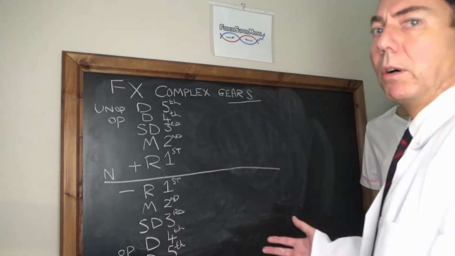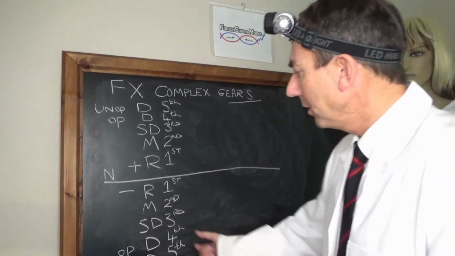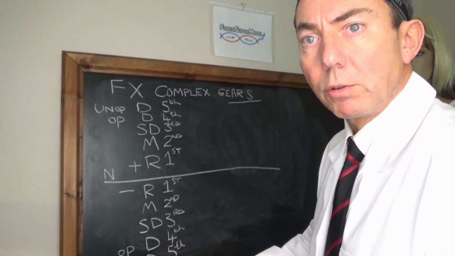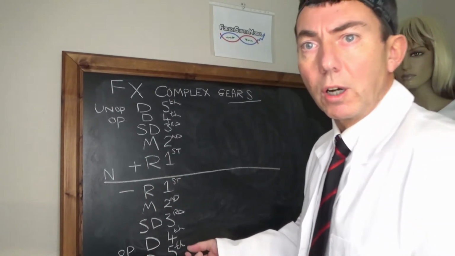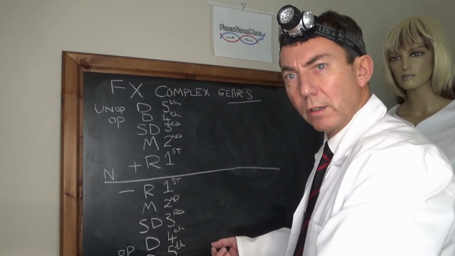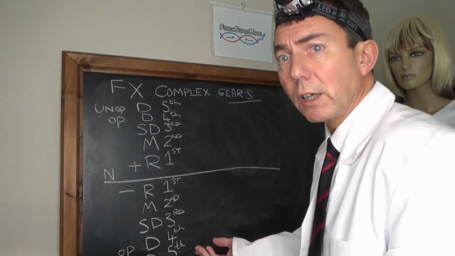So that's our gearbox. Now, we don't have to move up and down this gearbox in equal installments. As you know, if you're driving, you can be in first and then you can go from first to third, or you can go from fifth to second if you want. You can do what you like.